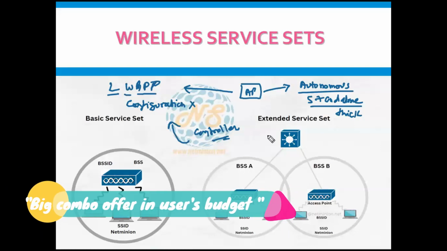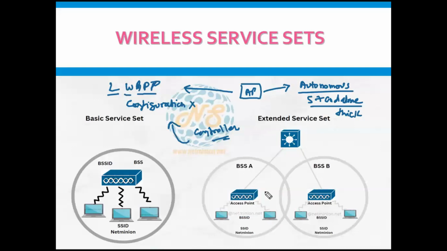So autonomous and LWAP are done through the wireless controller? No, an autonomous AP doesn't require a controller. When there is a controller and there are APs, it means they are working as LWAP.